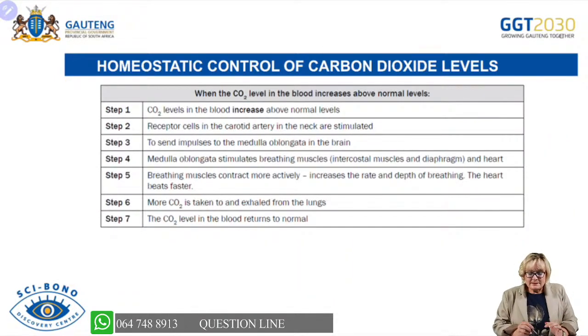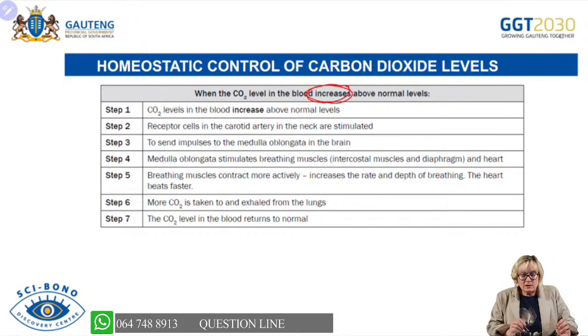If we quickly look at the steps, if we want to place what is happening in the 7 steps: when the CO2 level in the blood increases, all right, so now the CO2 is high, what is happening? The CO2 levels in the blood increase above the normal levels. Step 2, receptor cells in the carotid artery in the neck are stimulated, and also the walls of the aorta, to send impulses to the medulla oblongata in the brain.